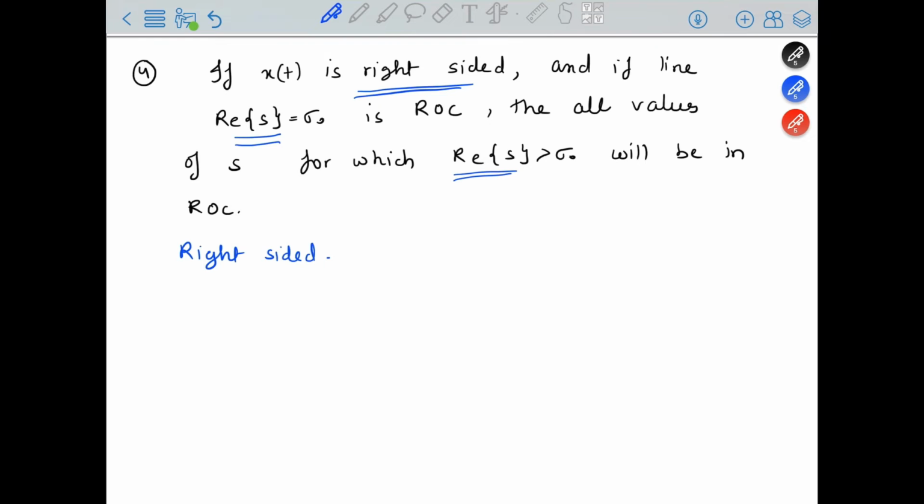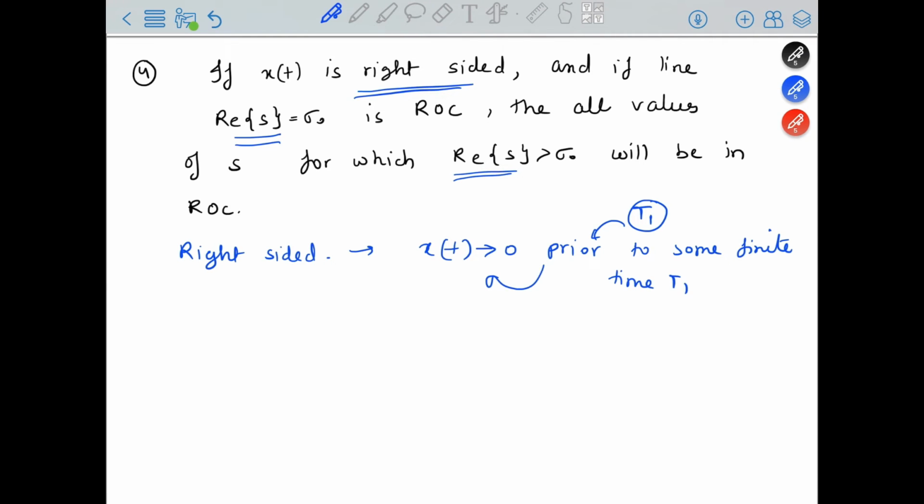A right sided signal is basically just x(t) which is taking 0 value prior to some finite time t1. So suppose we have taken t1, prior to that this signal will take x(t) equals to 0.